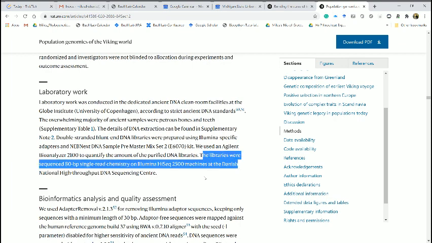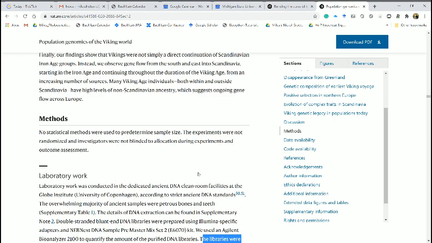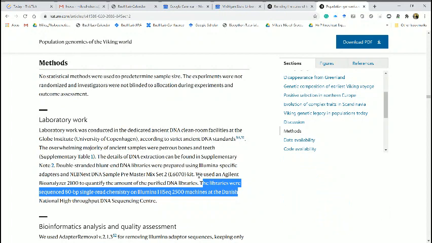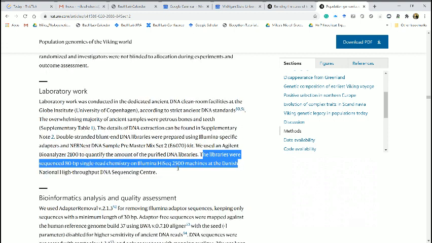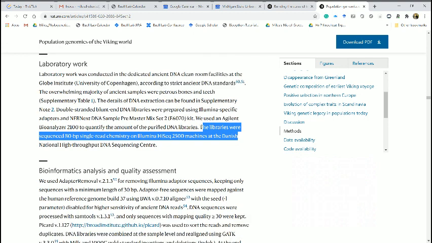Probably not. They probably weren't aiming to get complete assemblies, just because they had like 1,300 genomes. Assembling just one complete genome is a lot of work. I couldn't imagine doing that 1,300 times.